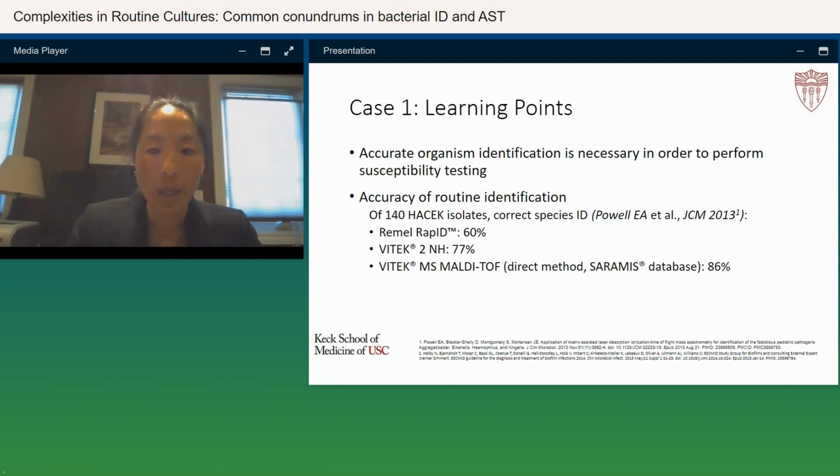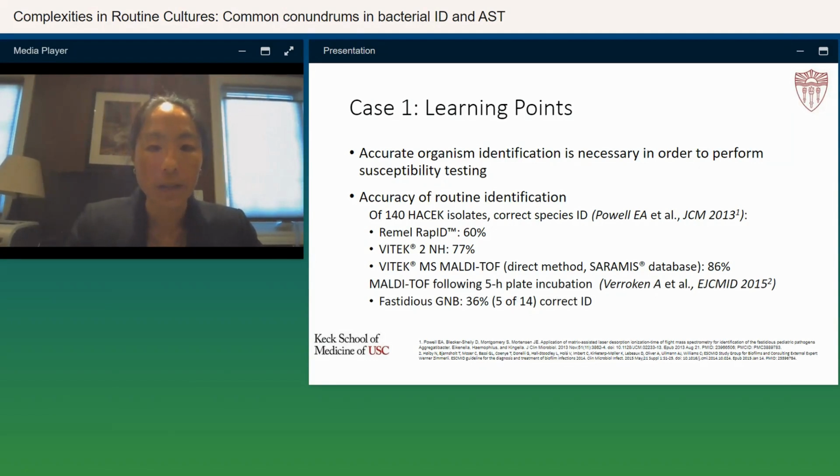And back then, they had to use the Saramis database, but this was with the direct MALDI setup method. Okay, and you can see that the correct species ID was lowish, 60 to 77% by biochemical card, compared to the MALDI, which was a bit higher at 86%. So still some challenges, but some improvements with technology.